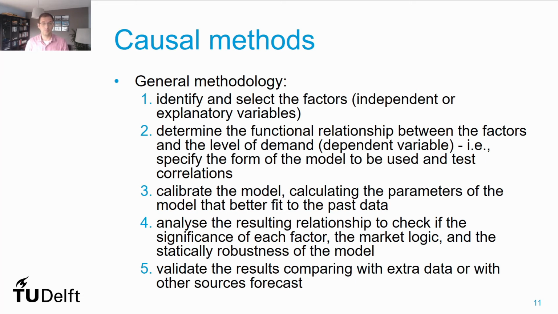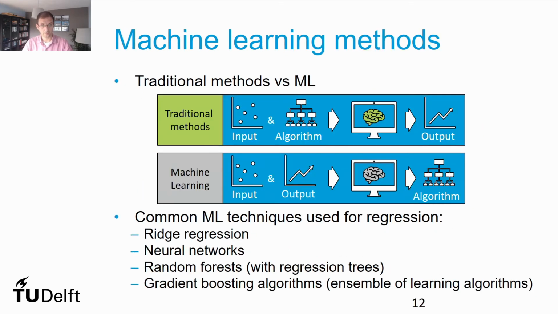Once we have done with this process, we need to validate, test with the results with some extra data if possible, and only then we are at the point of using the method for forecasting future values. In the causal methods, we can also include machine learning methods. They are special methods, so they are methods that, on the contrary of the traditional ones, where we do have input data, we specify the algorithm and then we try to calibrate the algorithm, and then we produce the output.